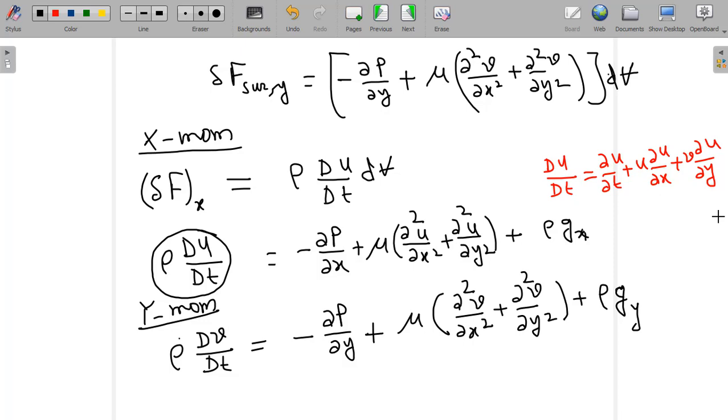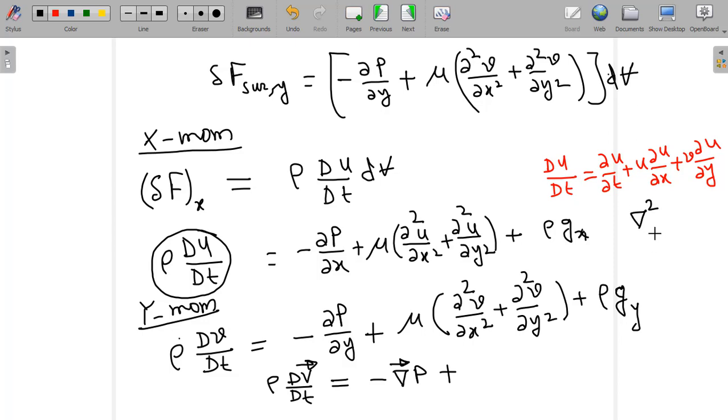So in the next lecture we are going to see the energy equation, but before that let me write it in a concise form, in a del operator form, in a vector form. You can also write this equation as rho into dv dt is equal to minus del p del x i plus minus del p del y j, which can be written in del operator form as grad of p, and this quantity we can write with the Laplacian.